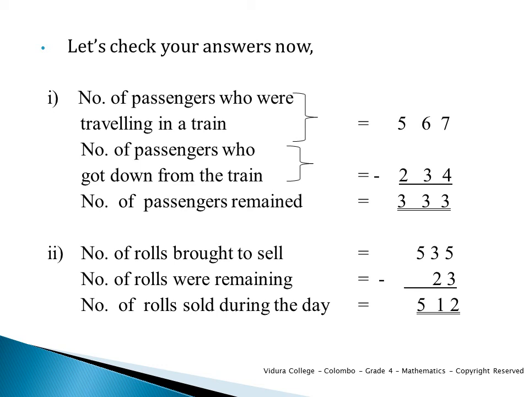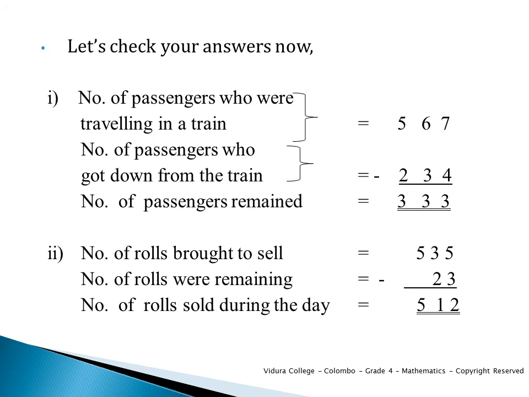Let's check your answers now. Question number 1. First statement should be number of passengers who were traveling in a train equals 567. Second statement should be number of passengers who got down from the train equals 234.